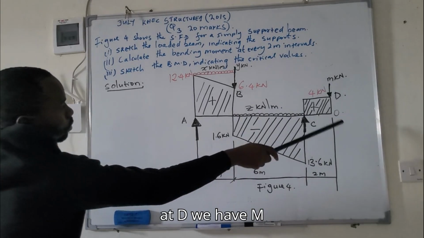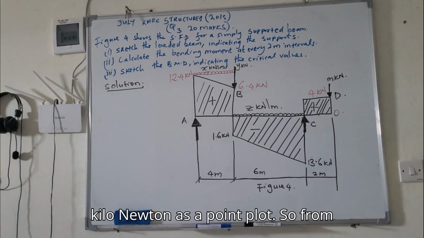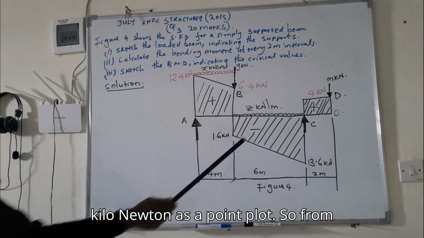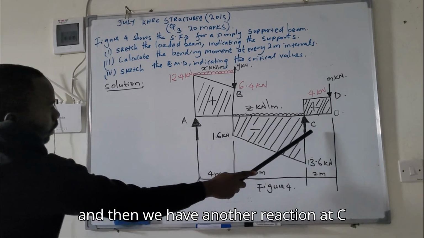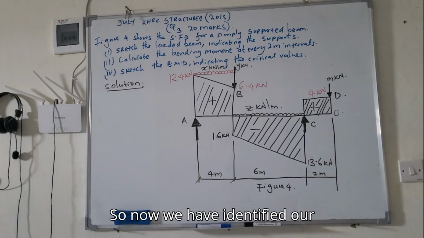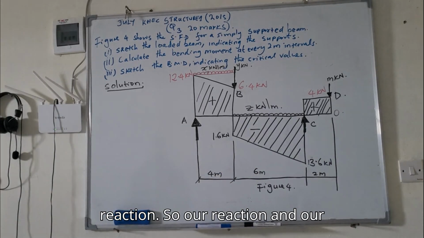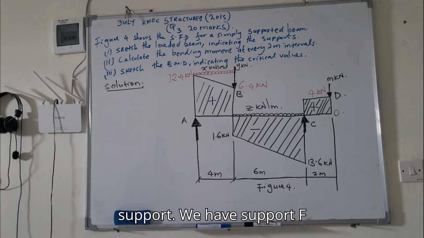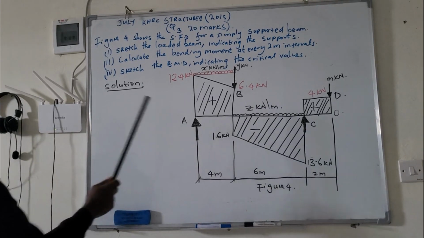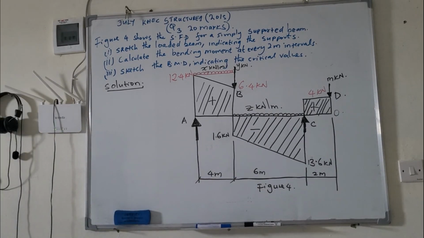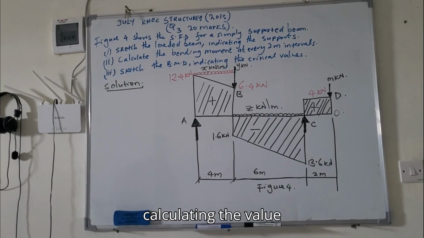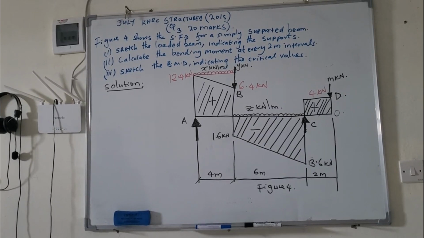At D we have M kilonewton as a point load, so from here to here is overhanging. Then we have another reaction at C. So we have support A, which is a reaction, and support C as a reaction. So let's begin calculating the values of X, Y, Z, and M.